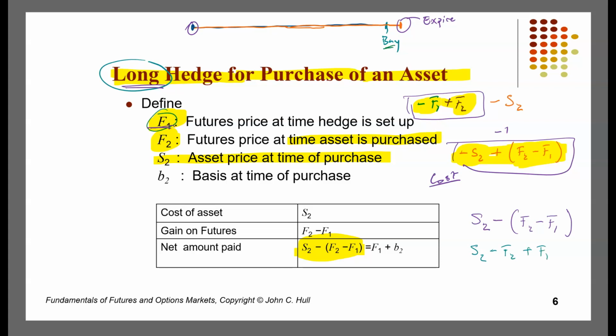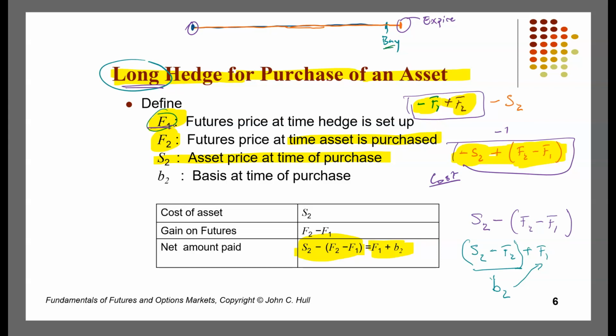And finally, I can rearrange this by putting the parentheses between these two. Remember that basis is defined as the difference between the spot and the futures price. So this difference here is going to be called B2, our basis. So it's going to be B2 plus F1, and that's what we have here.